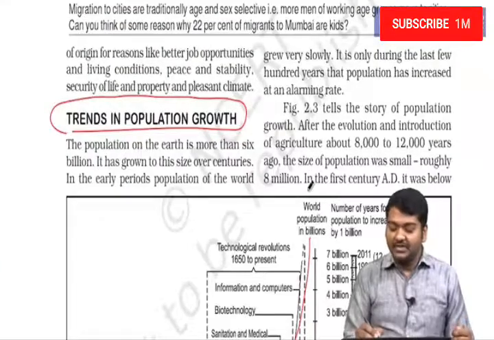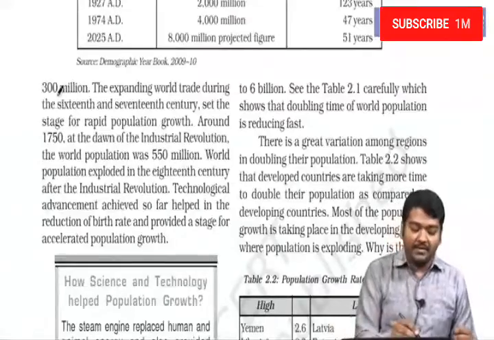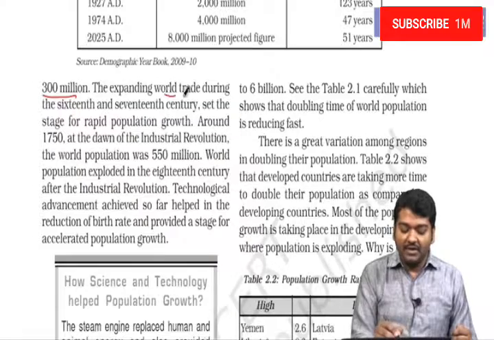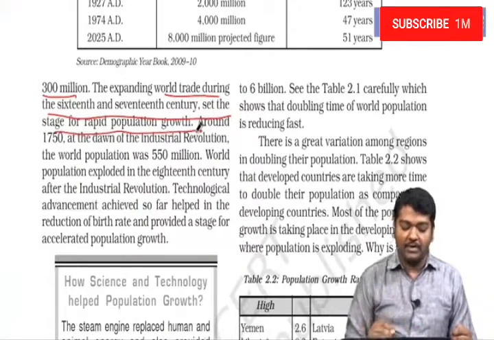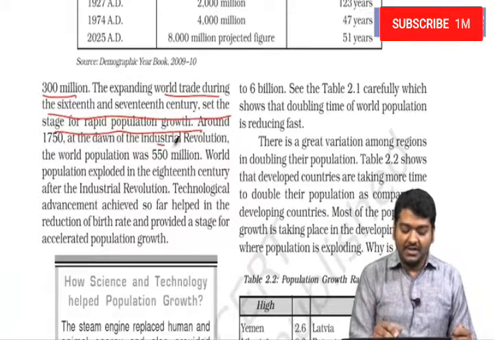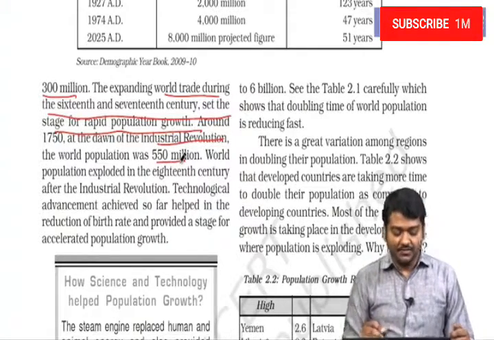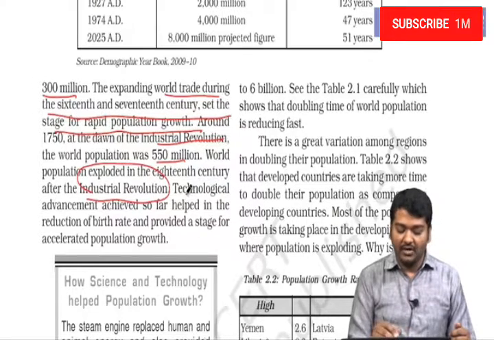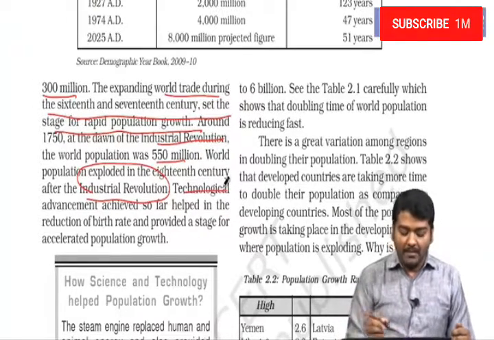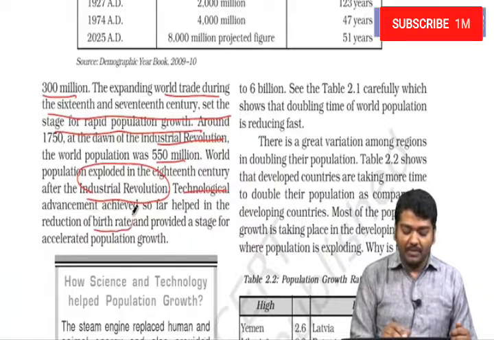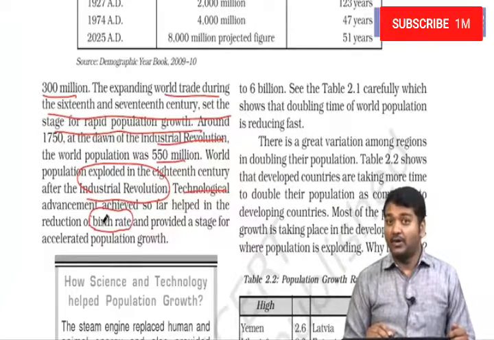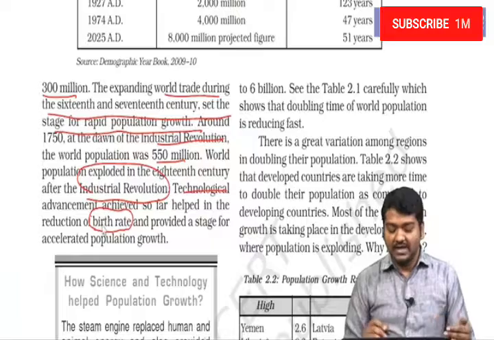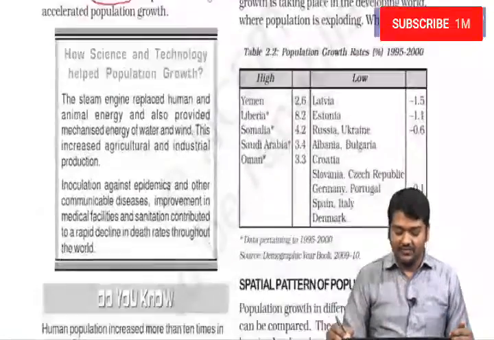So here they try to say in the 1st century AD it was below 300 million. The expanding world trade during the 16th and 17th century set the stage for rapid population growth, and the industrial revolution again increased it. World population exploded because of the industrial revolution, and technological advancement helped in the reduction of birth rate in a few places, and it also helped to increase the age of the population as well.